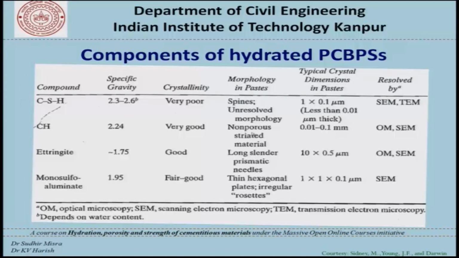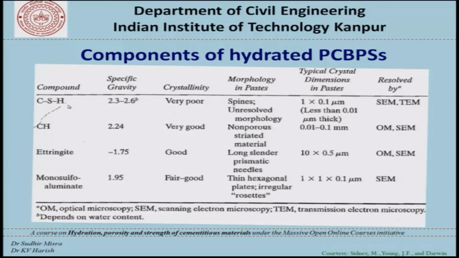We will see some of the scanning electron microscope images in the coming slides, and approximate crystal dimensions are also shown. As I already mentioned, these are at the micro level, approximately in the range of 0.1 micrometer to about 10 micrometers.